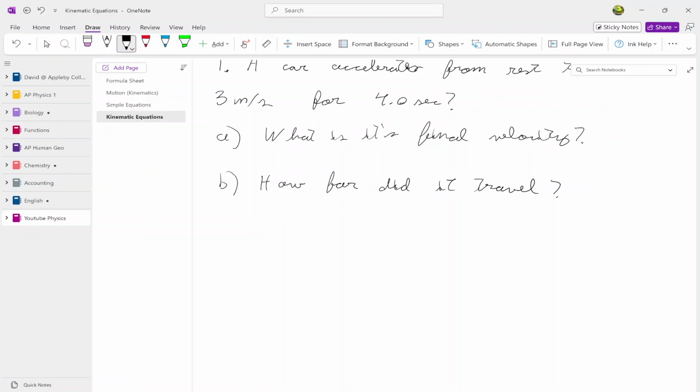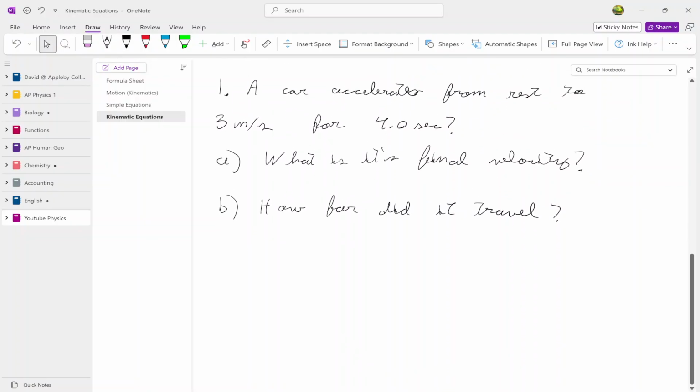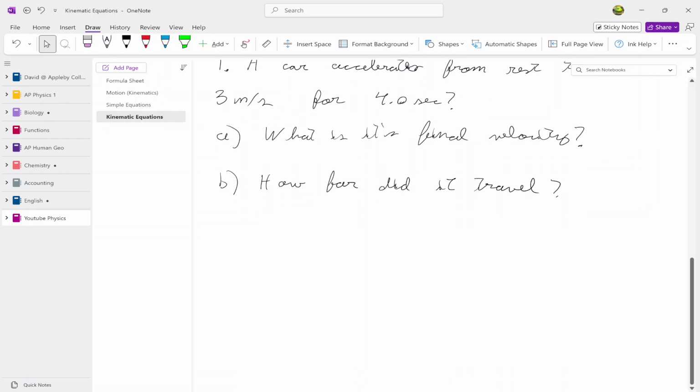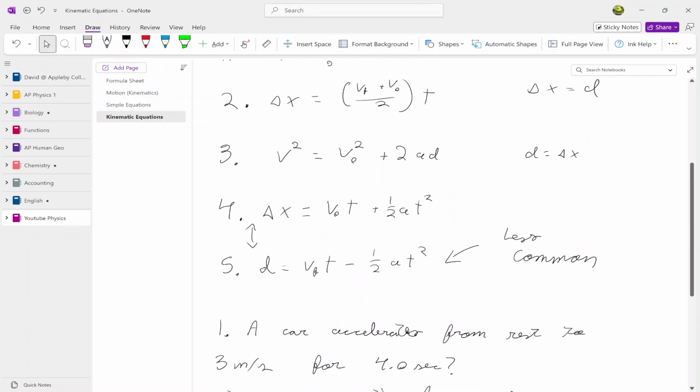All right. So first, let's read the question. Okay. So it has a v0 of 0 meters per second because it's at rest. v final equals 3 meters per second, and t equals 4 seconds. Alright. So we're trying to find final velocity.